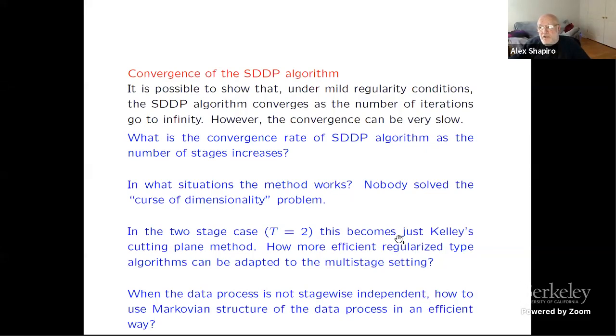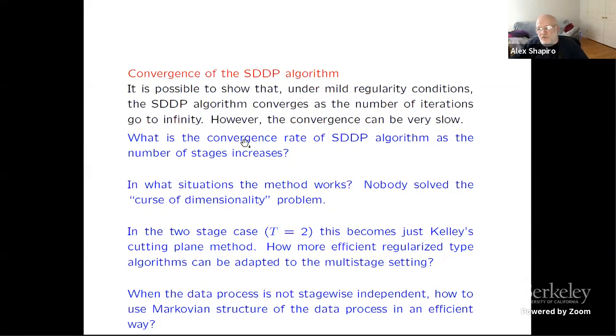Now, I listed here some of the basic questions about this algorithm, which became very popular. In fact, this is probably the only one at the moment that we have for that type of solution. Even to prove convergence turns out to be technically non-trivial. Also, it's quite clear why.